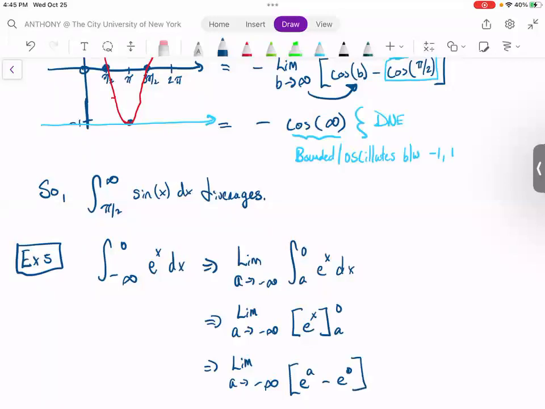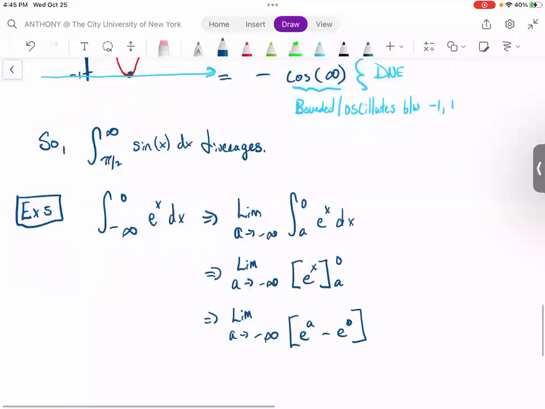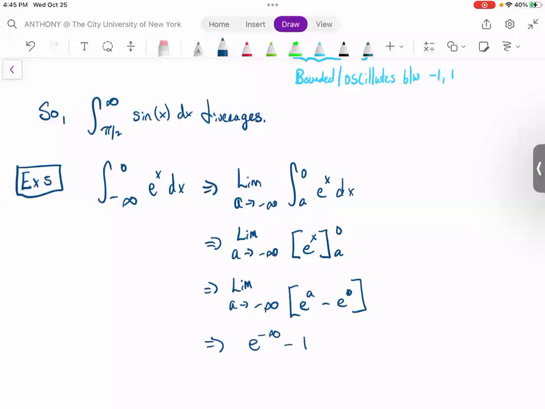All right, what is e to the 0? 1. Now, e to the a will now be e to the -infinity. So we're going to get e to the -infinity minus 1. But e to the -infinity, you can rewrite as 1 over e to the infinity, minus 1. That's going to be 0.